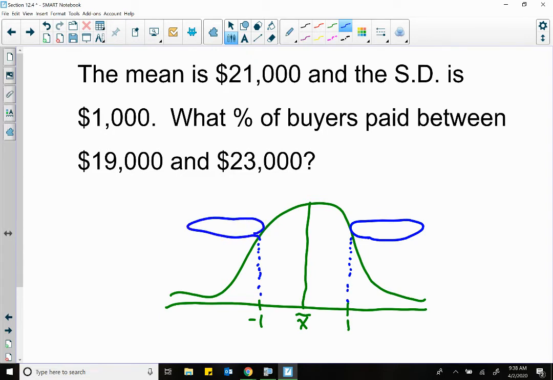Okay? Because they have given us information about the mean and they have given us information about the standard deviation. All right? So, if I want to figure this first spot right here, I am 1 standard deviation above the mean. So if I want to figure this spot out right here, I need to take my mean plus 1 times the standard deviation.